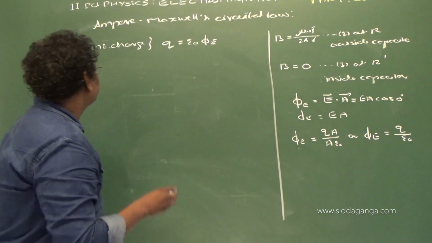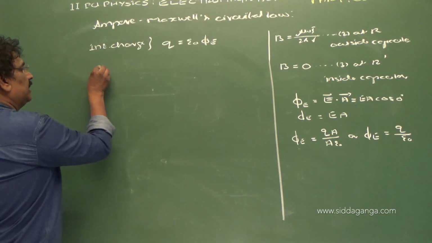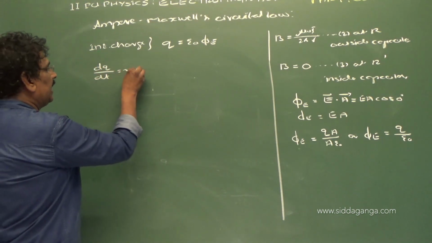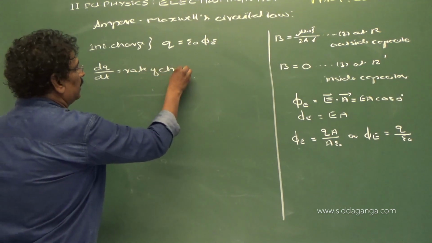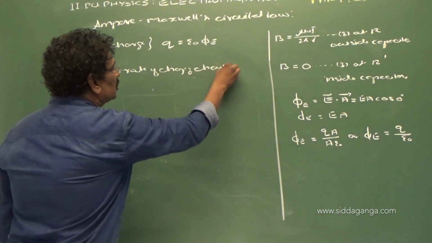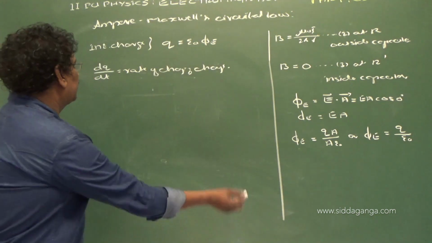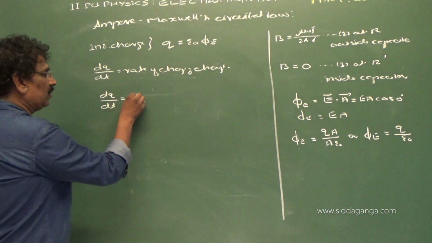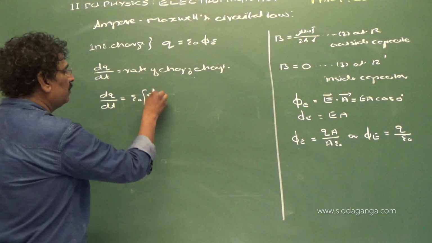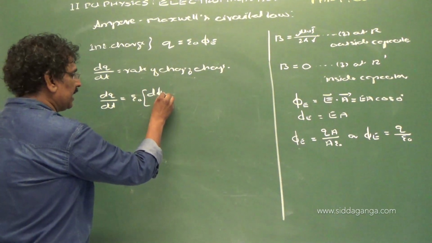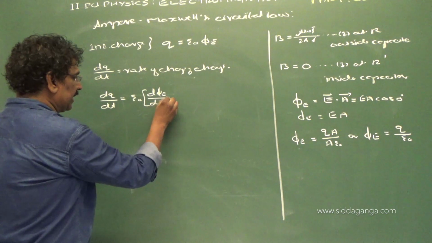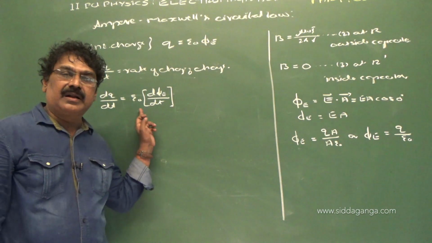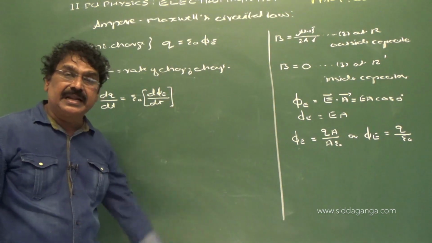Now if dq by dt is the rate of change of charge on the plates of the capacitor, then dq by dt is equal to epsilon naught into d phi E by dt.